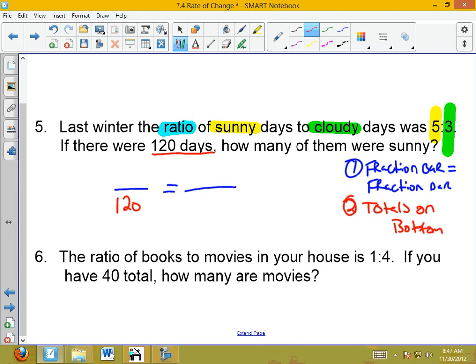Doesn't matter which one. Now the second thing I do is I take my total of my ratio. How many days is my ratio talking about total? 5 plus 3 is 8. It's talking about 8 days.